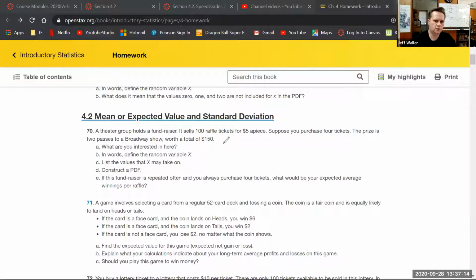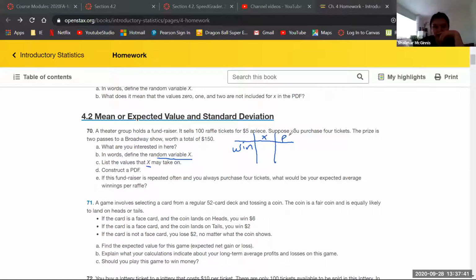You're interested in what you could win, right? So what values can X take on, if it's all about whether you win or lose, and that's related to how much that thing is worth? There's two things that could happen here, right? You win or you lose. What happens if you win? You get Broadway tickets.